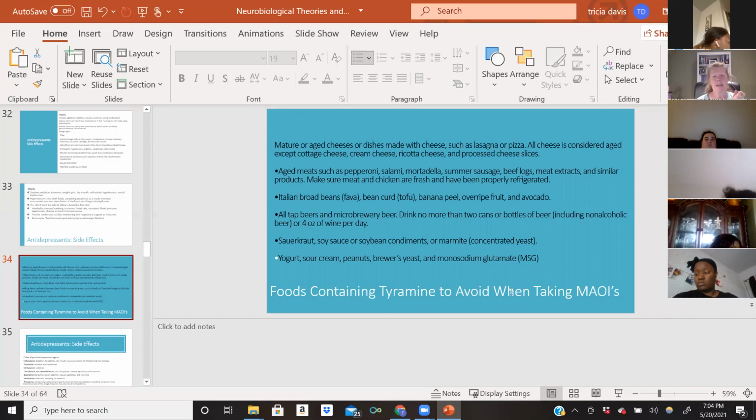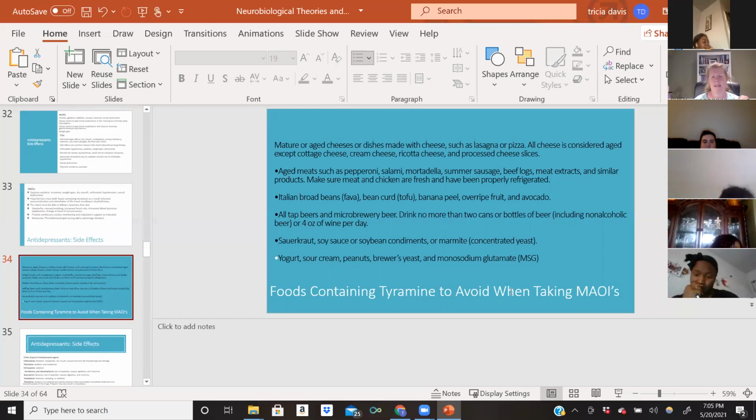So we have aged meats, so pepperoni, salami, mortadella, summer sausage, beef logs, I don't know what a beef log is, meat extracts, and similar products. You want to make sure that the meat and chicken that they're eating are fresh and that they have been properly refrigerated before they eat them.